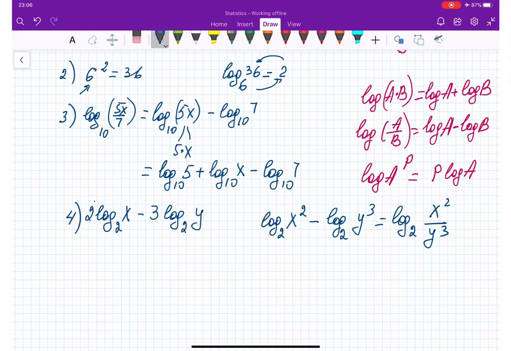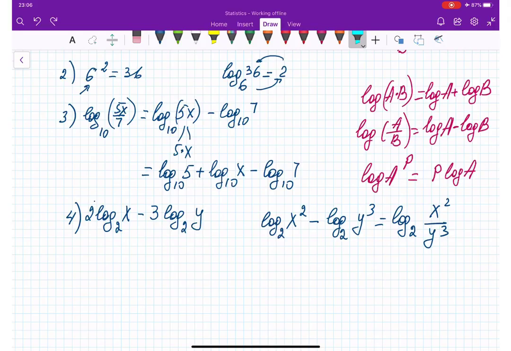Because here we have subtraction that converted into division. One thing I need to mention, it's crucially important: you can apply all these properties only and only if bases are the same. See, bases are the same. If bases are not the same, you cannot do anything. Okay?